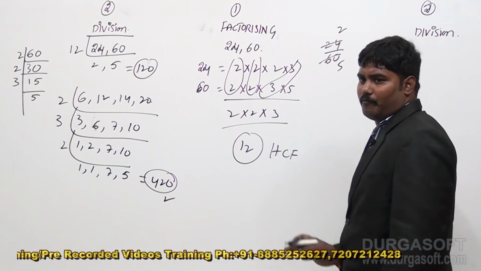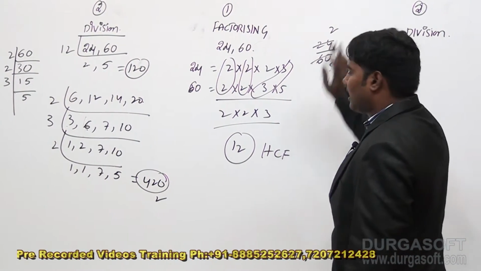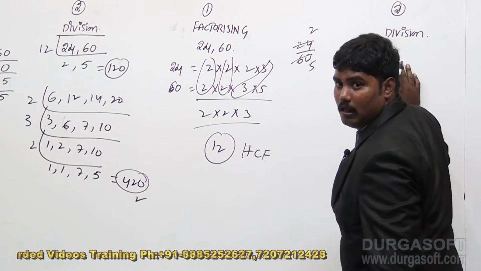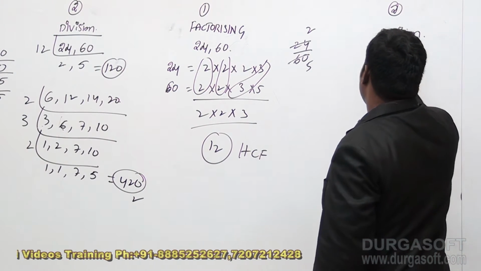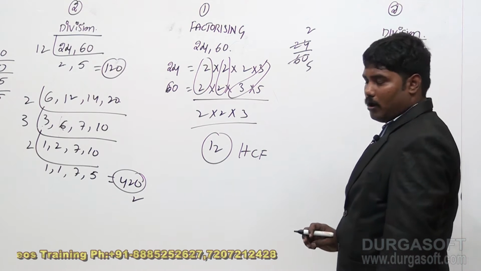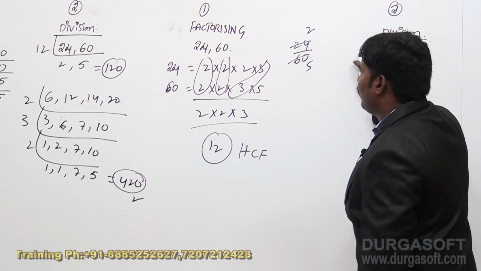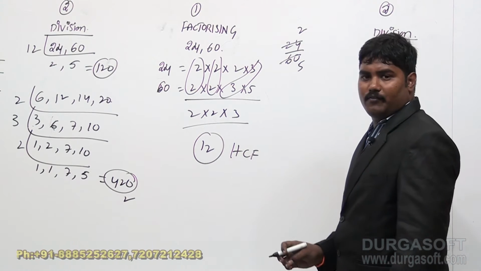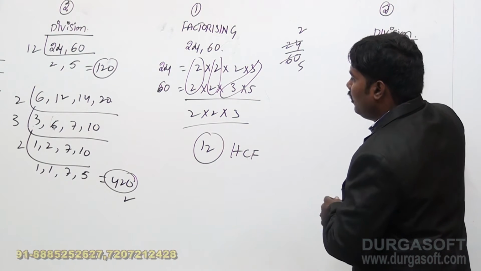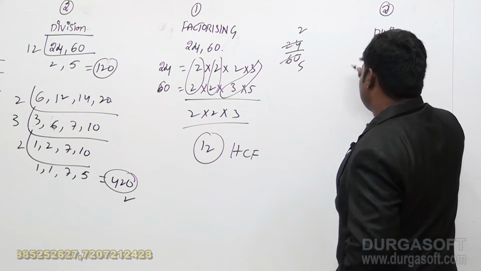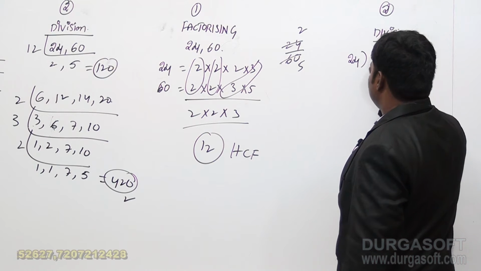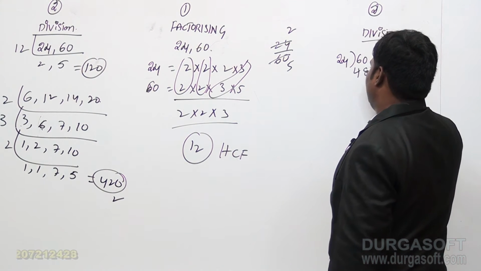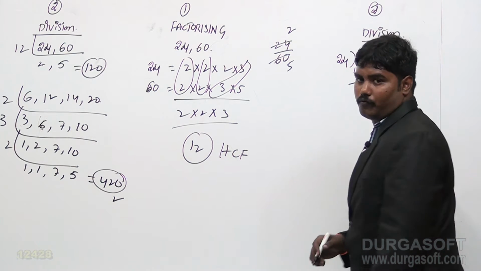HCF is the highest common factor, the highest common factor that can cancel the numbers. It is a factor, not a multiple; that's the major difference. By the division method, the HCF divides the higher number by the least number. 24 twos are 48, so the remainder is 12.